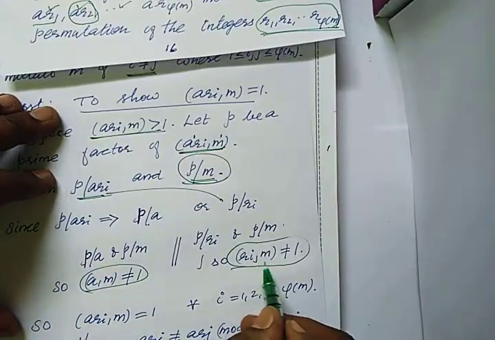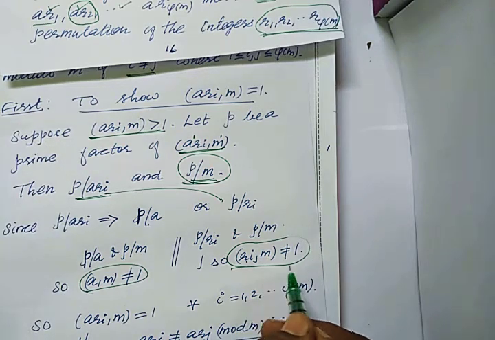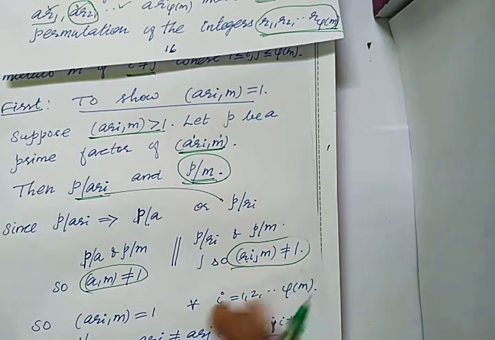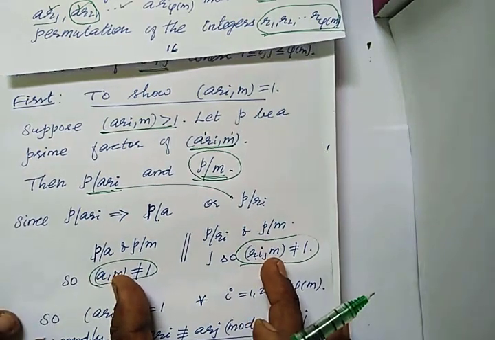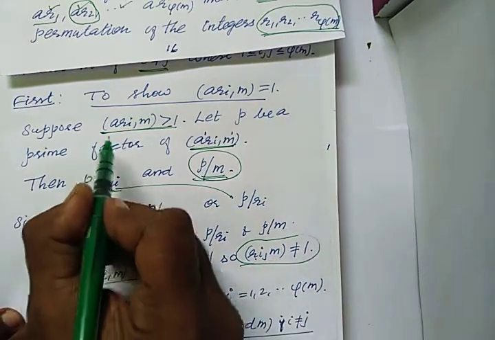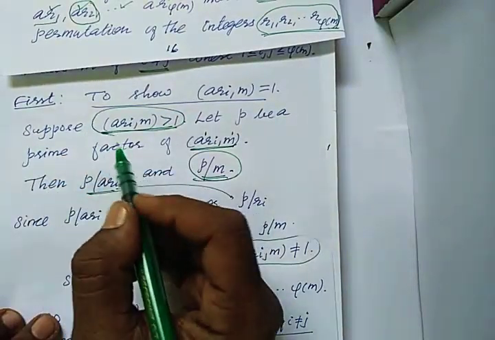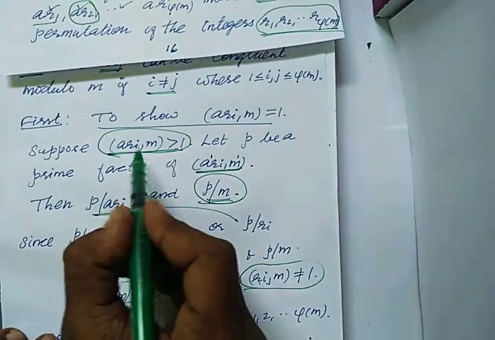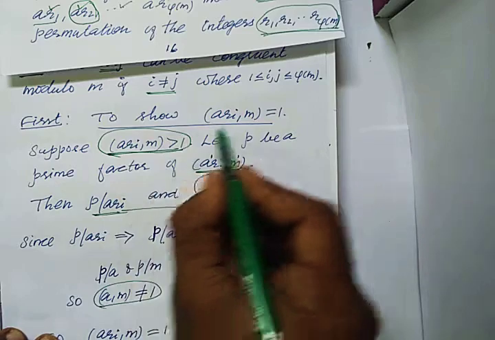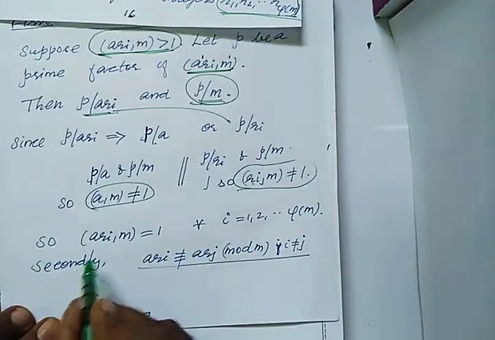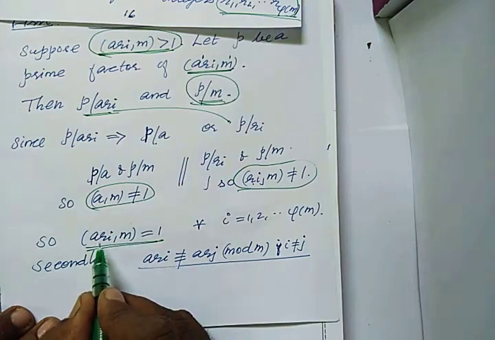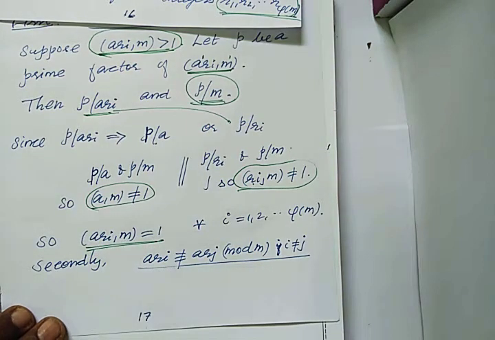So the GCD has to be 1. So we have got a contradiction in both ways. So this cannot be greater than 1. This contradiction arises because of our assumption. So Ari is relatively prime to m.